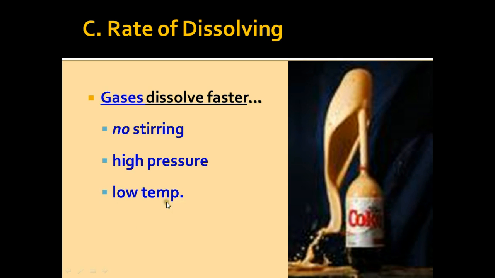And that's why we store soda in cold areas, and we don't really try to stir soda unless you really want flat soda, which I'm sure most of you wouldn't want. And that's also why we have soda at high pressure, so pretty much the gas dissolves better.